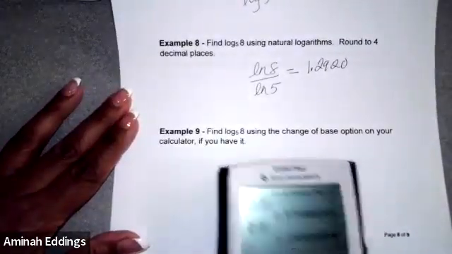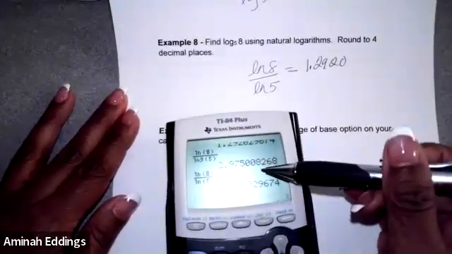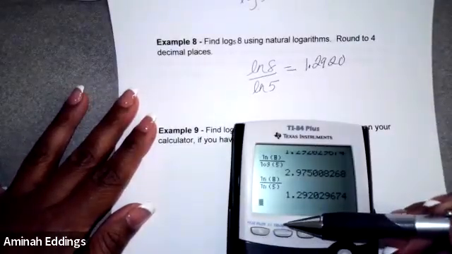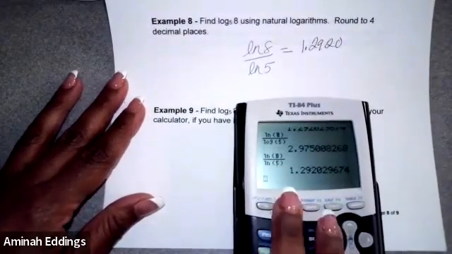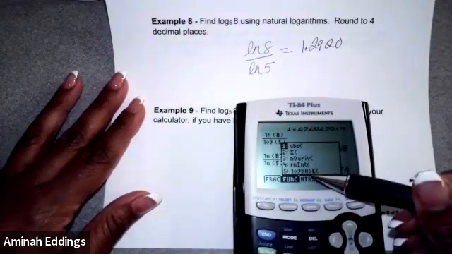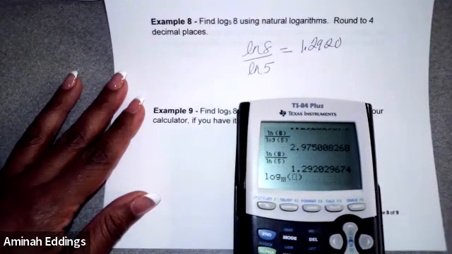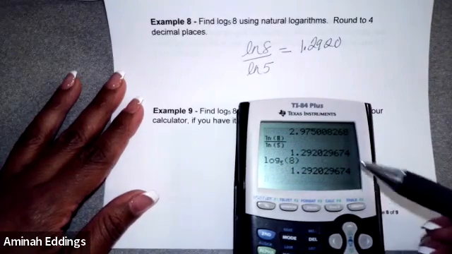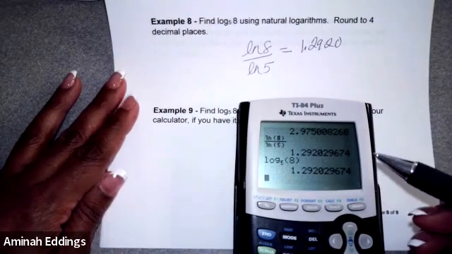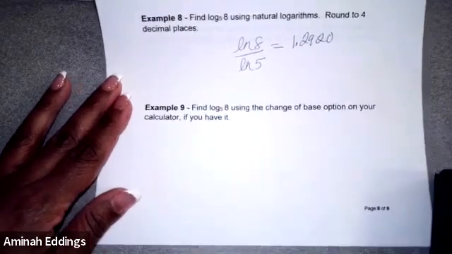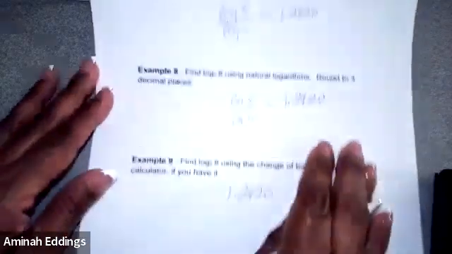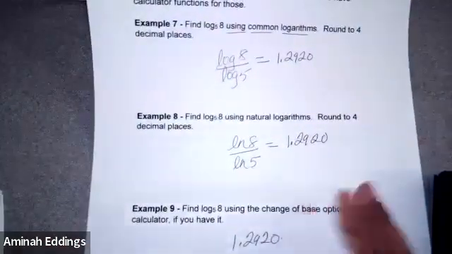And then the last one, we're just going to put it in our calculator using our log base button. So we will go alpha window number 5. And so we have log base 5 of 8. And we get the exact same thing again. So what this is showing you is these forms are all equivalent.